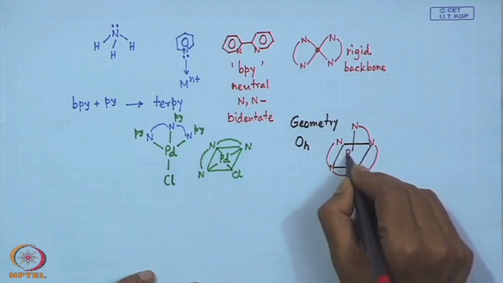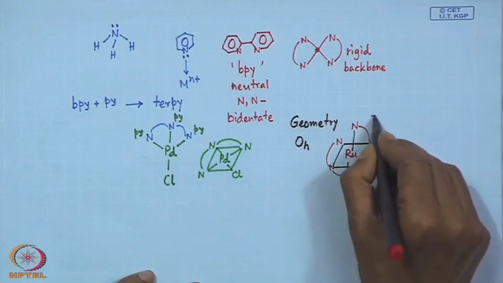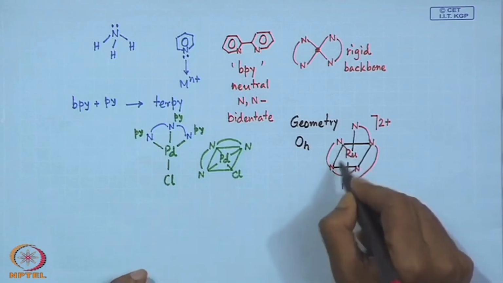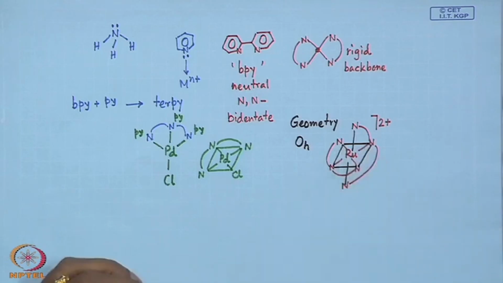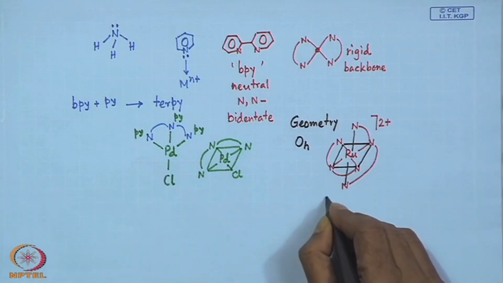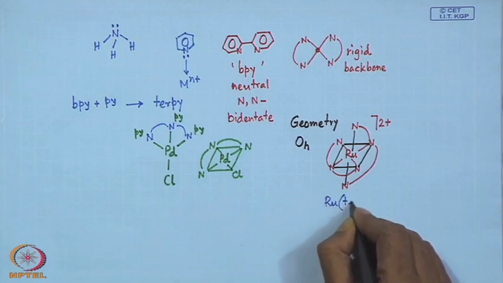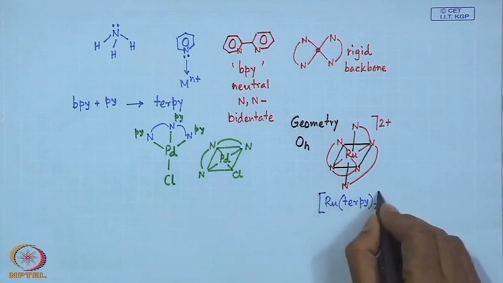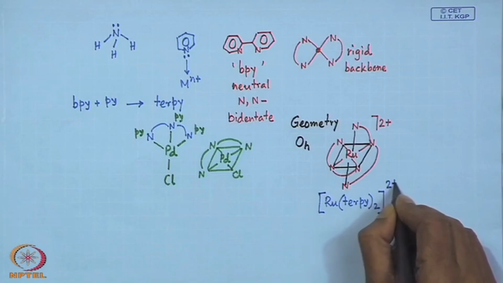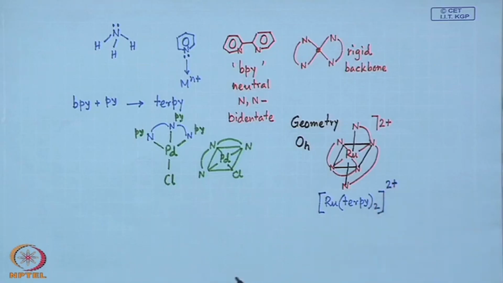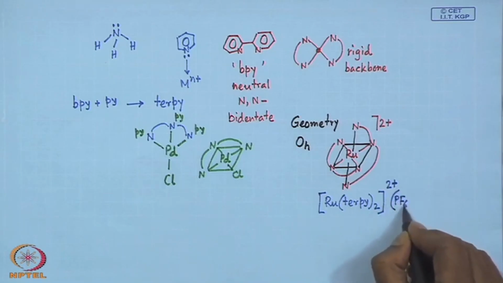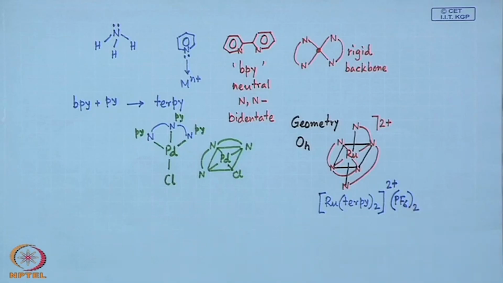and one most important compound is the ruthenium 2+, which can be very easily made with 6 ruthenium-nitrogen bonds, and we can write down this compound when these nitrogens are terpyridyl as ruthenium bis-terpyridyl compound, and if the ruthenium center is in the +2 oxidation state, the corresponding salts can be PF6, can be perchlorate or anything else.